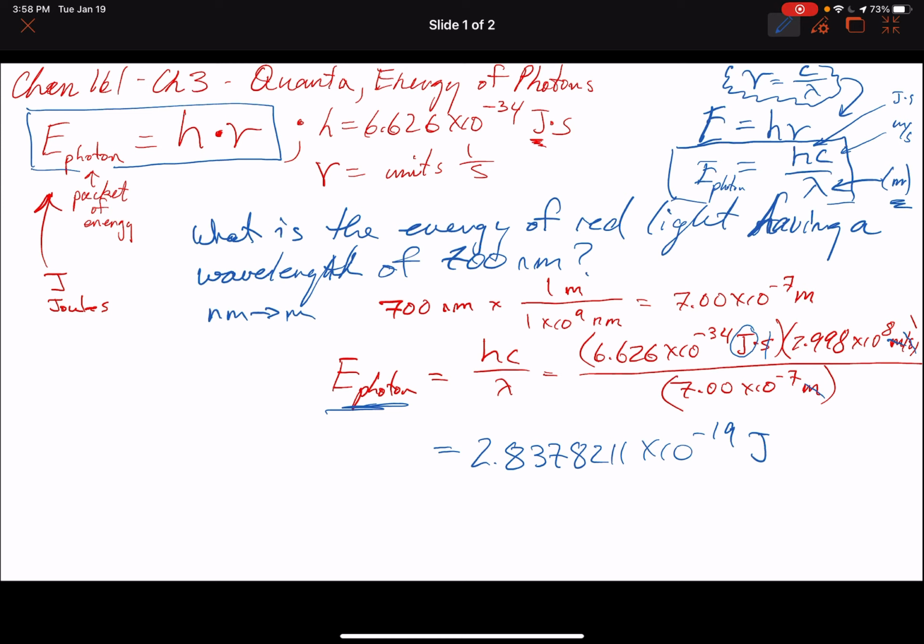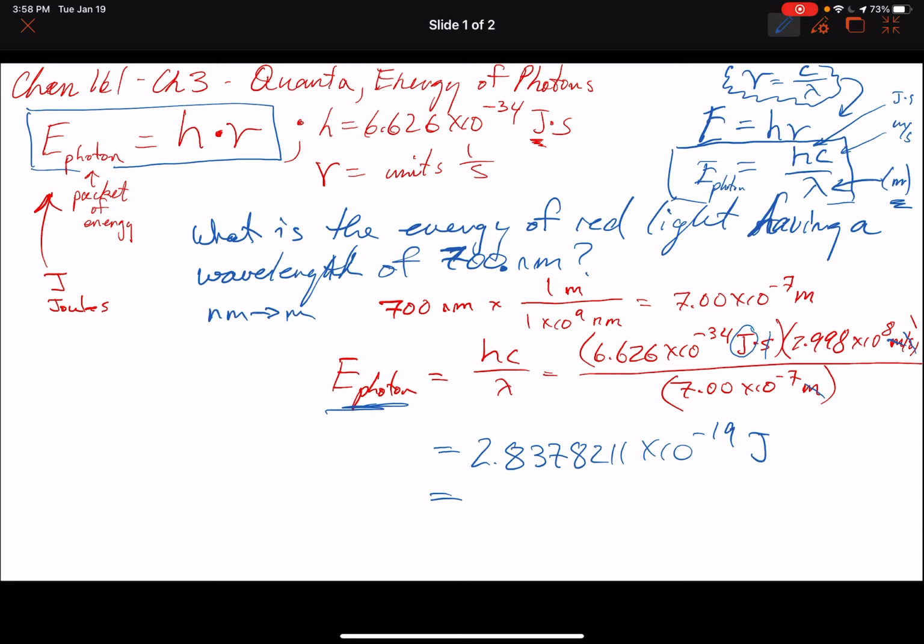If we had to report to the correct number of sig figs, we would need more information, or if we were given just what we had on screen here, we would interpret 700 as 1 sig fig. But for sake of clarity, I'm going to put a period there to indicate that that final 0 is significant.